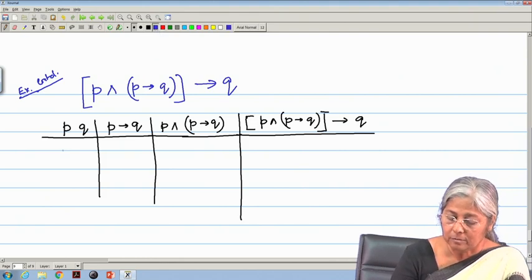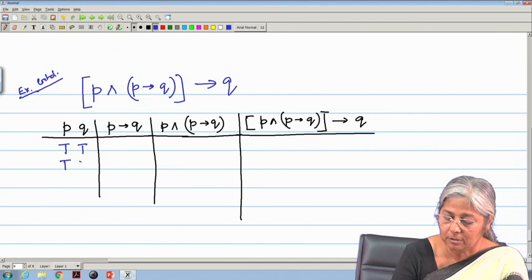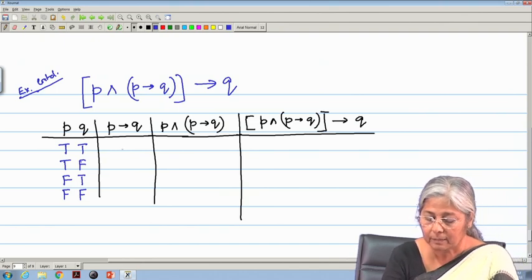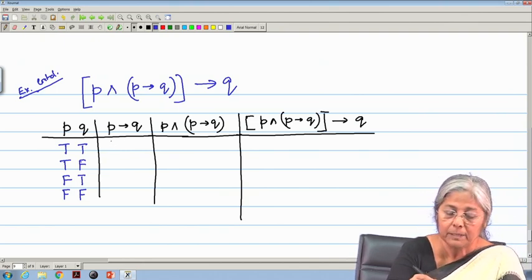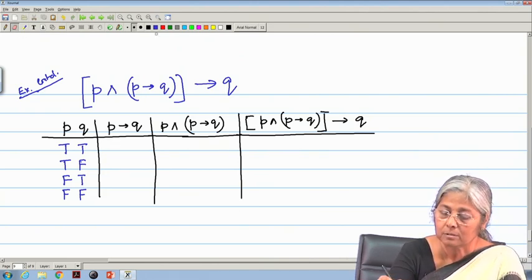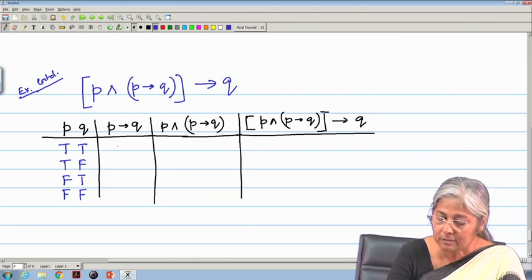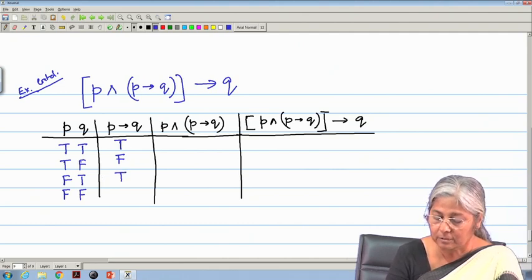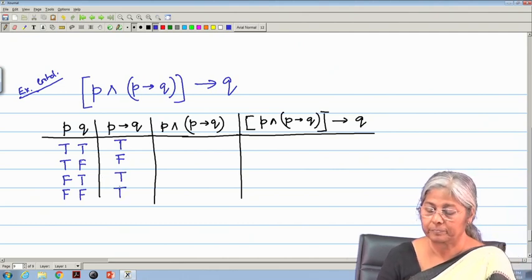We take the truth values of p and q: T T, T F, F T and F F. Then p implies q is T for T T, and other than this only F, these are all true.